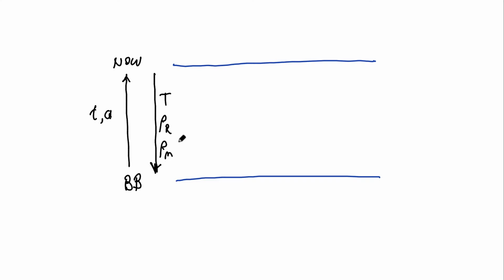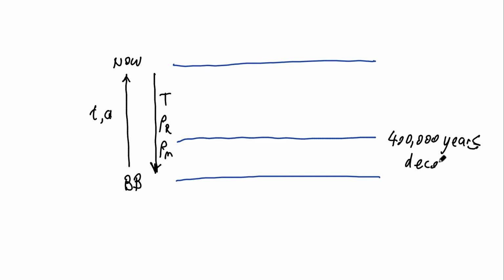Prior to about 400,000 years, the universe was so hot and dense that atoms weren't able to form. So this is the time in which matter began to condense into hydrogen and helium. This is referred to as the time of decoupling. It's also referred to as the recombination time.